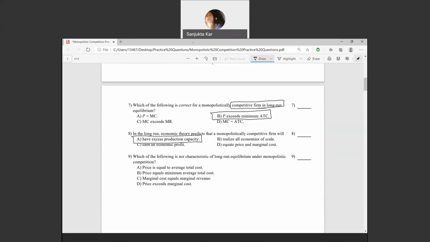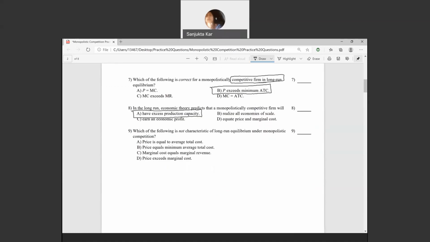I'm going to go over this excess production capacity in one of the questions that comes in this set of questions. Question number 9, which of the following is not a characteristic of long-run equilibrium under monopolistic competition? This one, price equals minimum average total cost. No, it's not right.